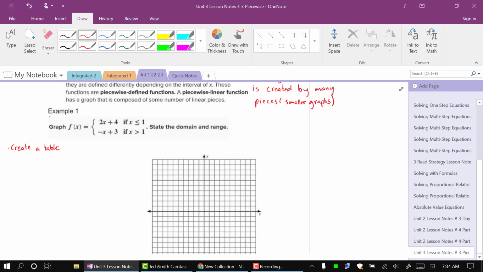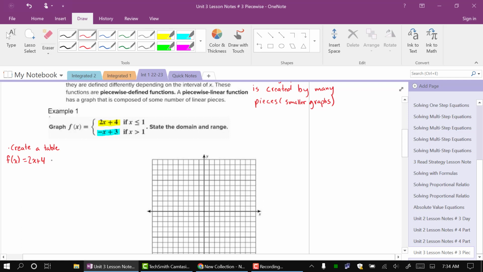But because piecewise is a collection of a bunch of different graphs, we have the graph of 2x plus 4, and we also have the graph of negative x plus 3. So that's two different things that we're graphing. And because of that, that's why we're going to create a table. So let's start off with f of x equals 2x plus 4. Remember, f of x is just a fancy way of saying y.